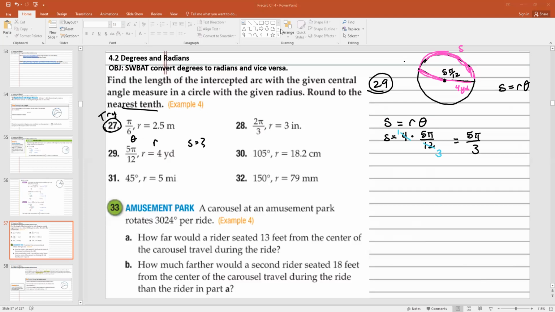I like this number, 5.23, but rounded to the nearest tenth, 5.2. Use Desmos. Why don't you try 27, and then I'll do 32 if you want to try 31.